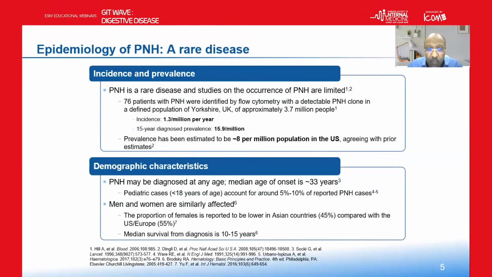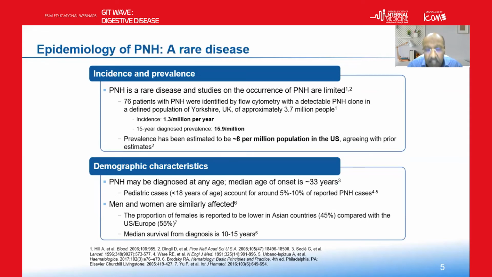So here is the epidemiology of PNH. It is a rare disease, very rare. So we even call it an orphan or ultra-orphan disease. The incidence of PNH is 1.3 per million, and the 15-year prevalence is 15.9 per million.